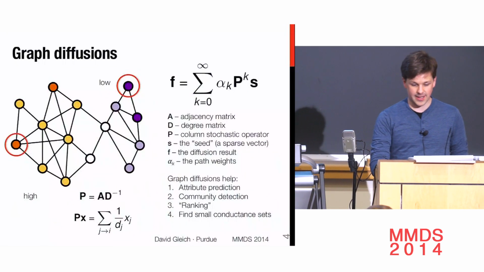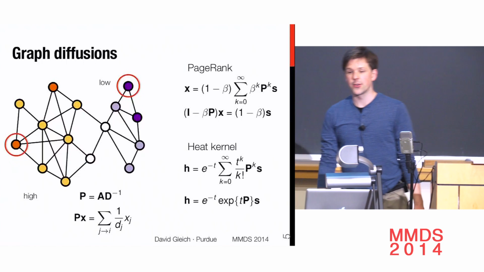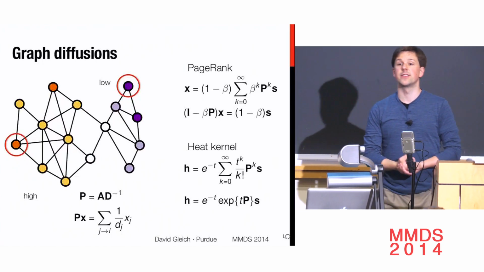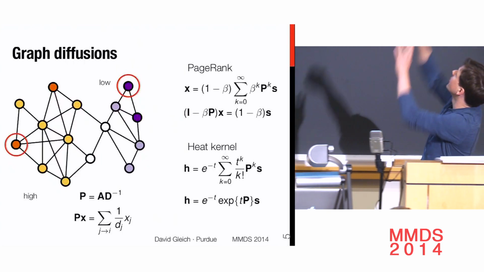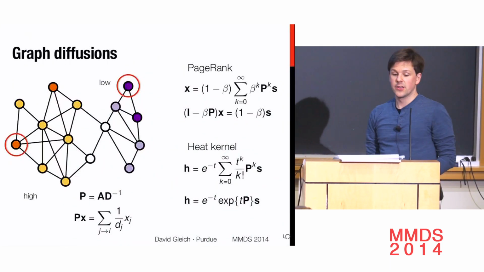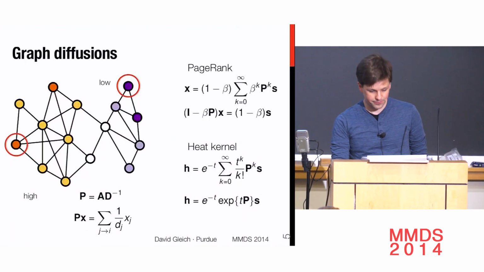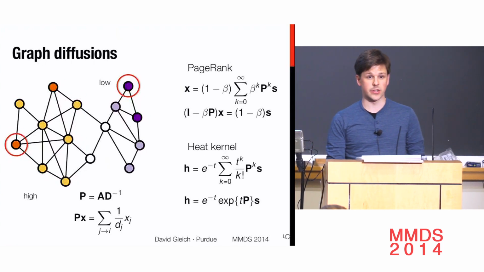One of the things we're going to spend a lot of time looking at is the PageRank diffusion. If you're a matrix person, you might recognize this as related to the resolvent function of a matrix. Here we're just going to look at it more like a geometric series, or equivalently solving a linear system.